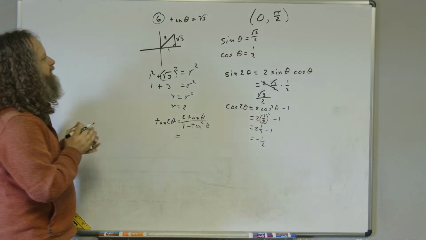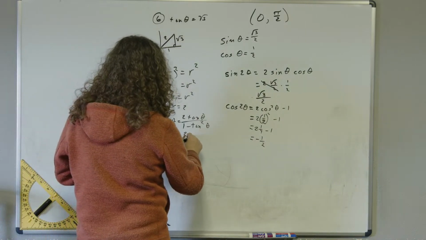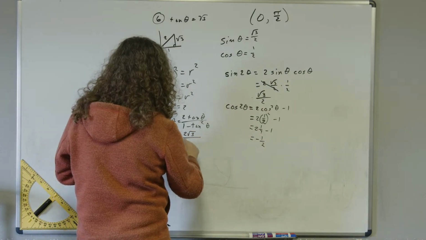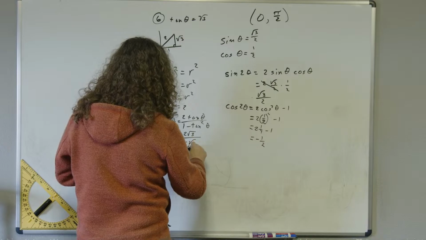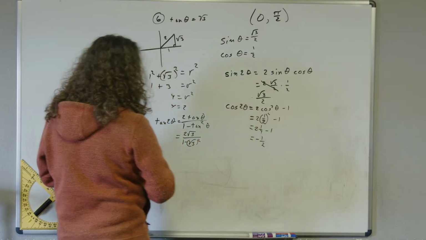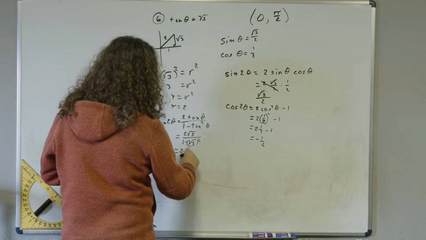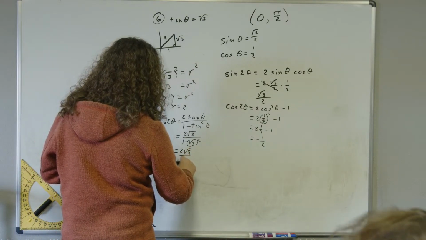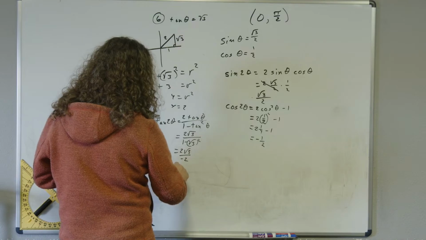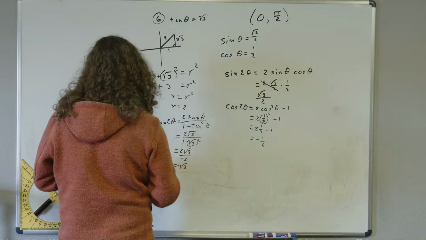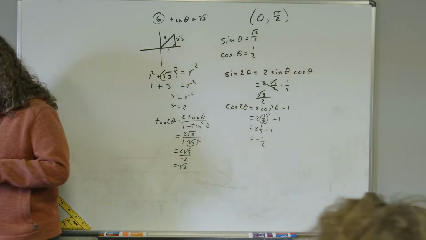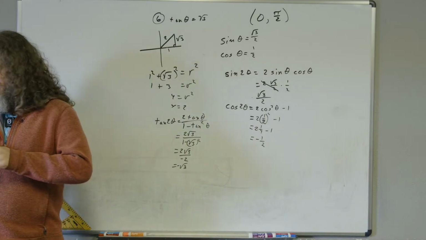Okay, tangent of theta is square root of 3, so 2 times the square root of 3 over 1 minus square root of 3 squared. Square root of 3 squared is 3, so 2 times the square root of 3 over negative 2, which equals negative square root of 3. So it also shoves it into another quadrant. Intriguing.